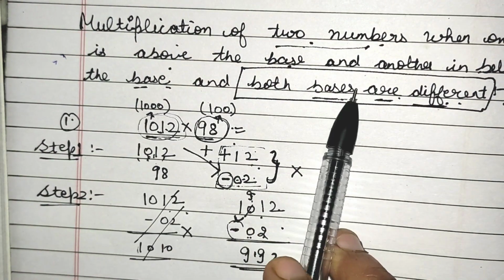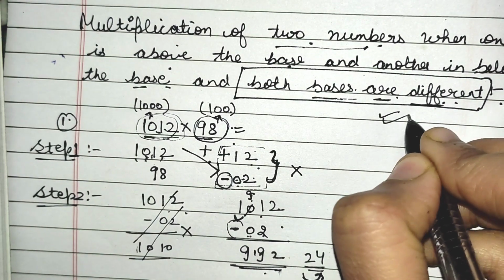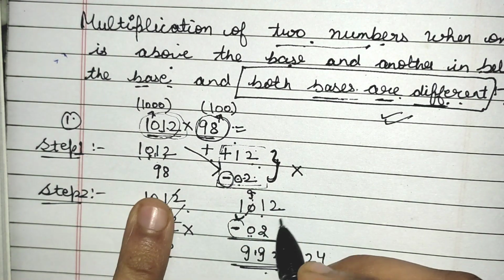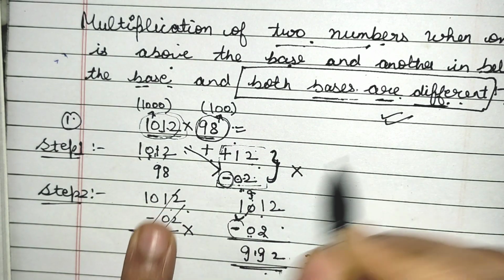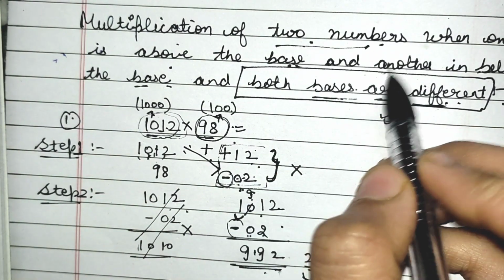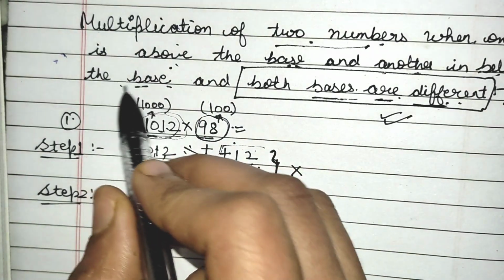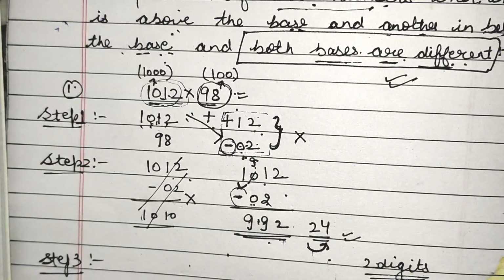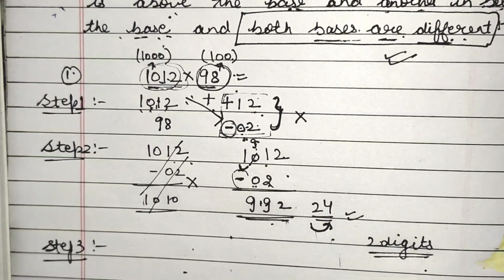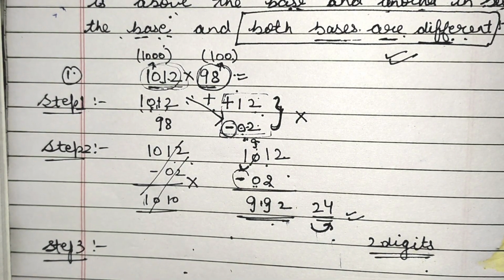When both the bases are different, this step is implemented during the addition. Next, when one number is above the base and one is below the base, this case is considered now, so solve accordingly as we were doing earlier.